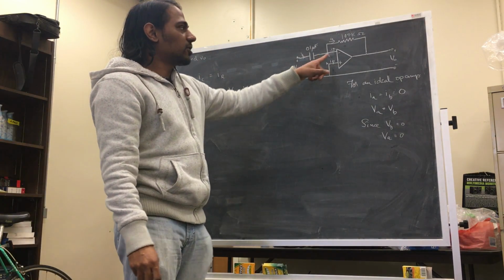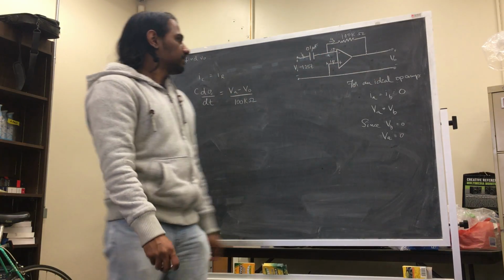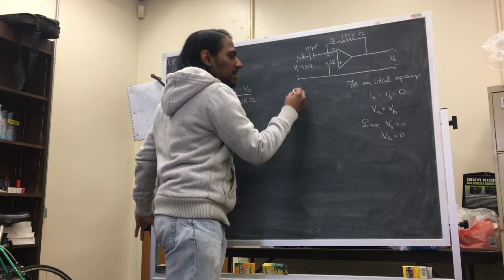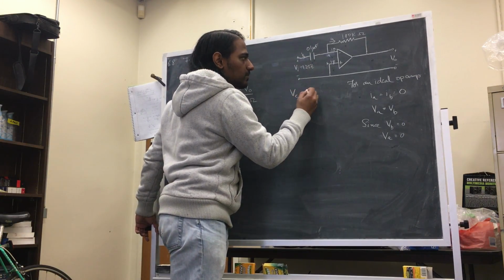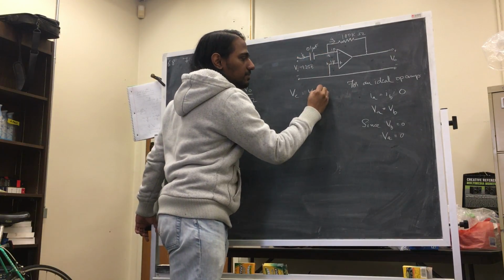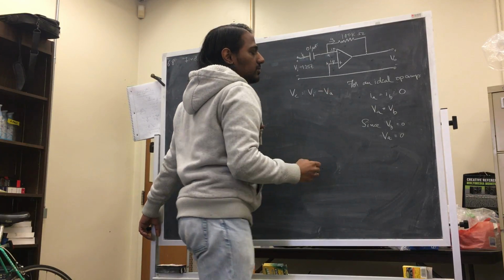It's VA minus V0 because current flows from node A to the output. And VC, the voltage across the capacitor, is given by VI, the input voltage, minus the first node A.